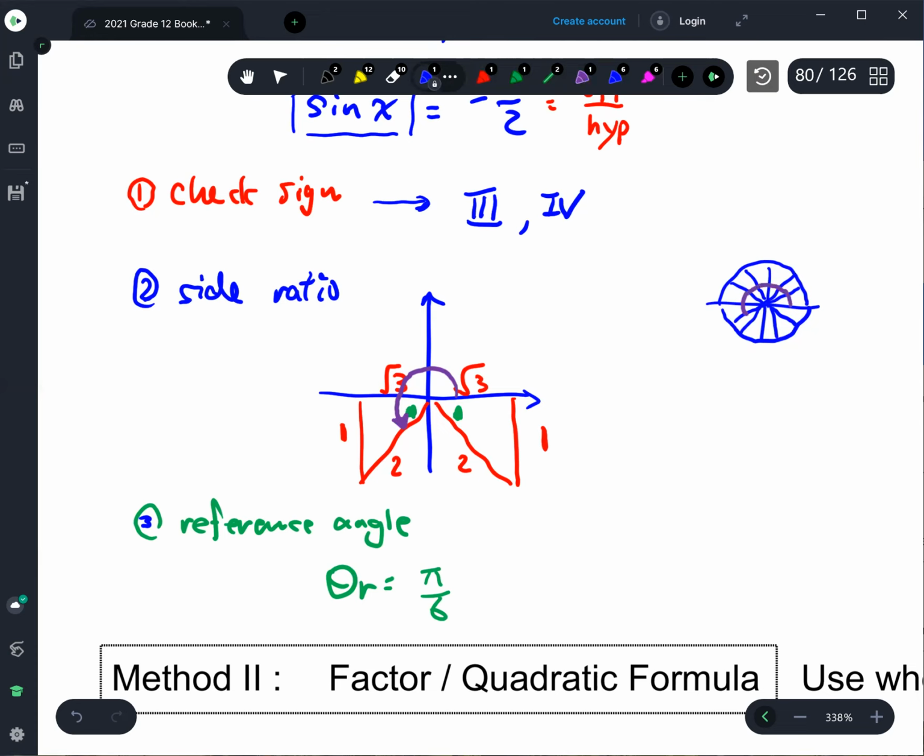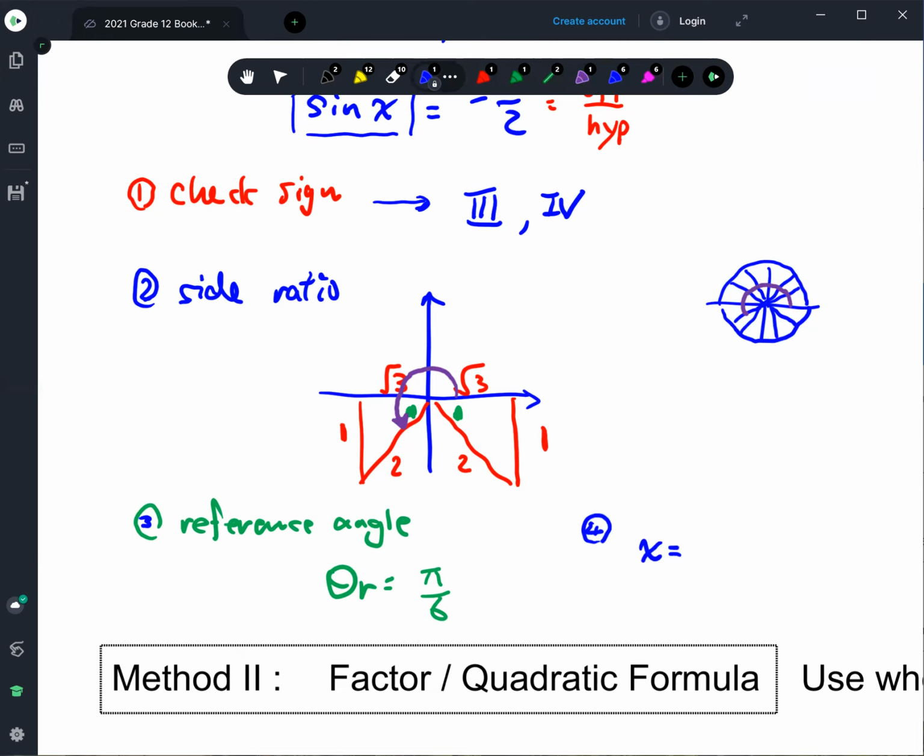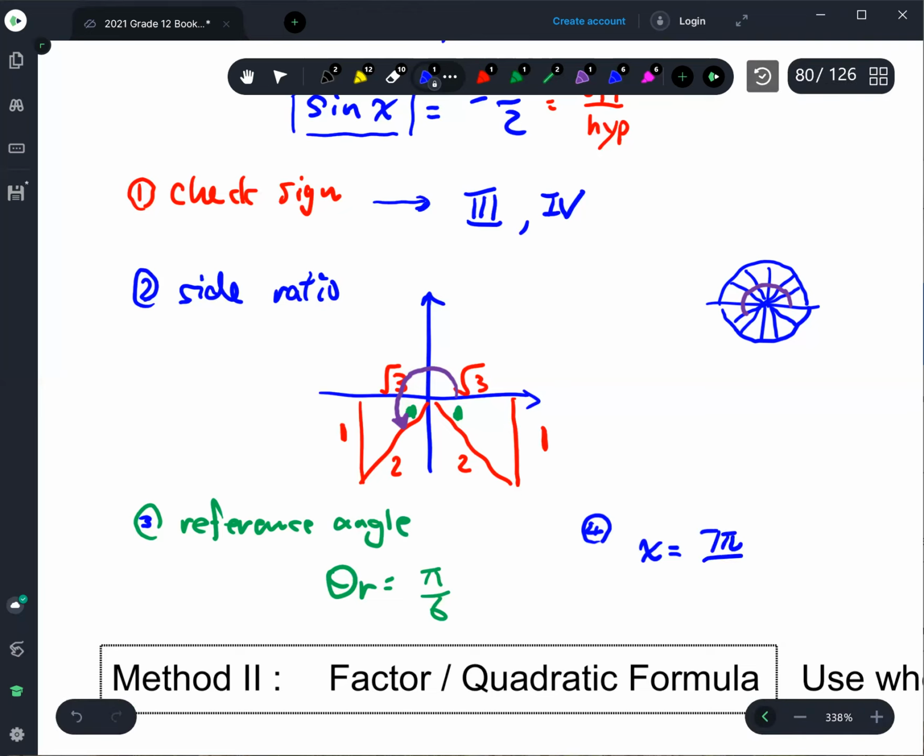So our first angle, x, we can write out now. What is our first angle? Eric, do you have the answer? 210 degrees. Oh, sorry, in radian, 7 pi over 6. Yeah, 7 pi over 6.